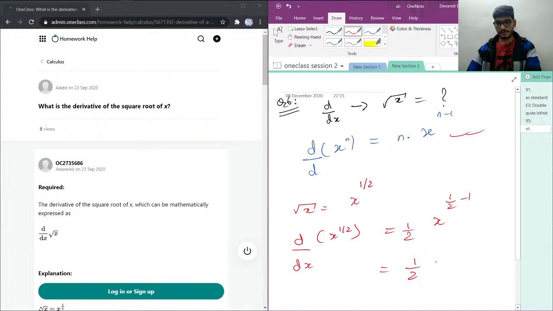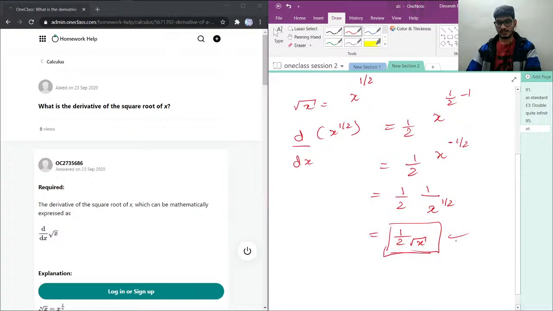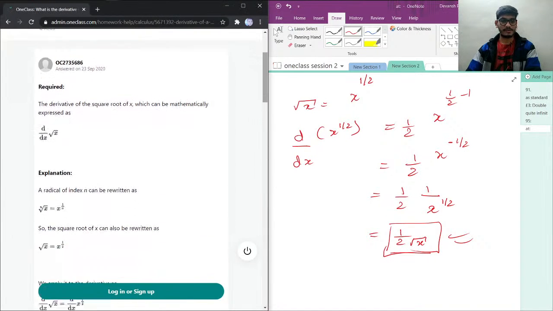This will be 1 over 2 x power negative 1 over 2, and this will be 1 over 2 times square root of x. So this should be the solution for the derivative of square root of x.